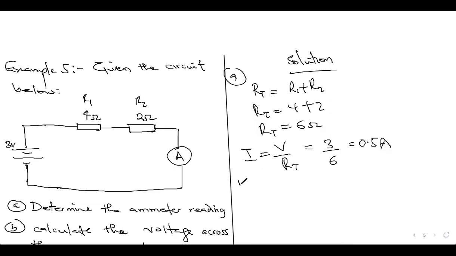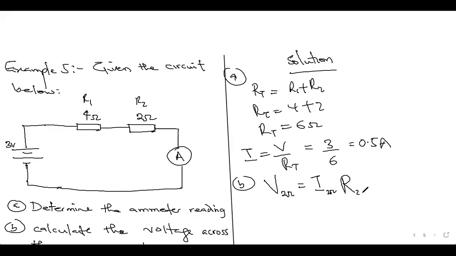And the second part says calculate the voltage across the 2 ohm resistor. The voltage across the 2 ohm resistor will be the current flowing through the 2 ohm multiplied by the resistance of the 2 ohm.